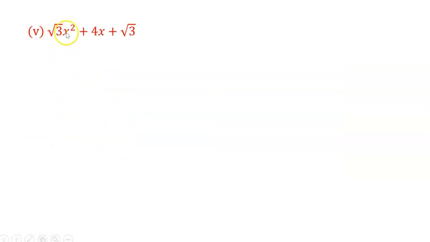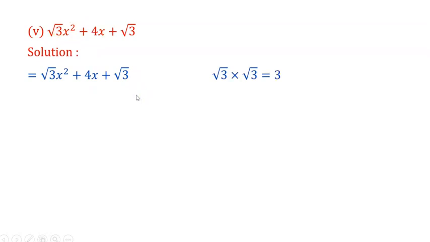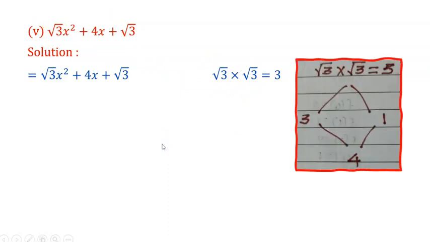Next, root 3x square plus 4x plus root 3. Now the solution. The product of first term and last term, that is root 3 into root 3, is 3. Okay. What about the middle term? Middle term is 4x. Now find the two numbers such that their sum is 4 and the product is 3.